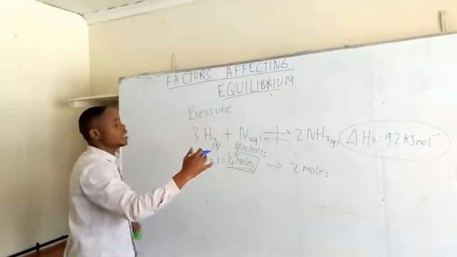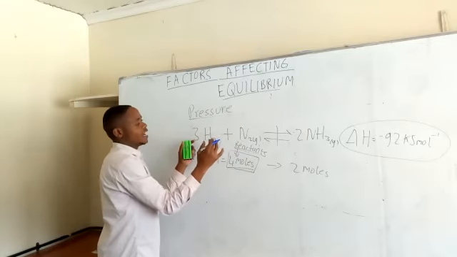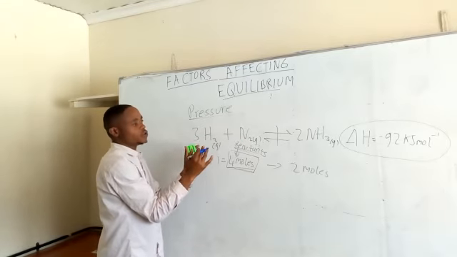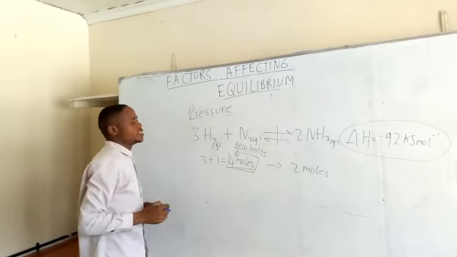Increasing pressure will compress these 4 moles of gases, and so they're going to react to give us the ammonia.